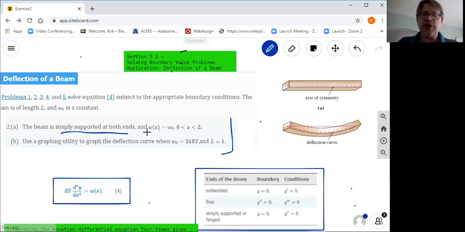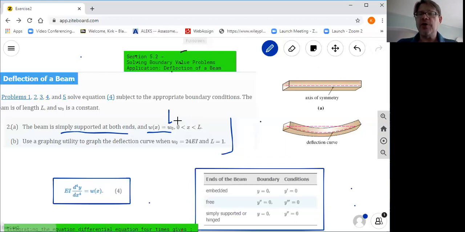And suppose we know that the load on the beam, which is our W function here, is constant everywhere, an even load all throughout the beam. What could we predict about the equation for the deflection curve given this? And that's going to be our goal.